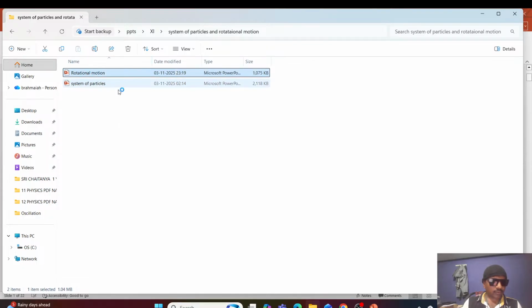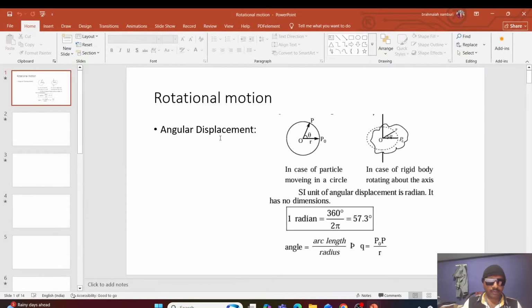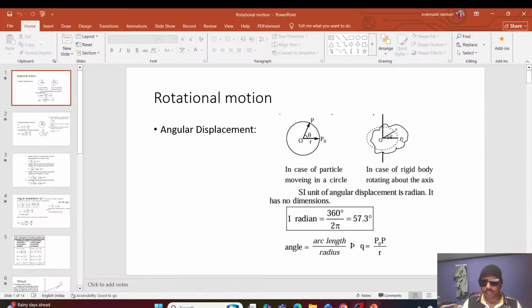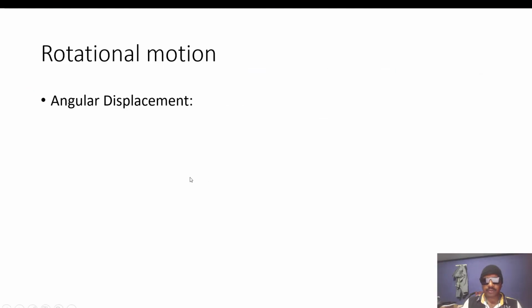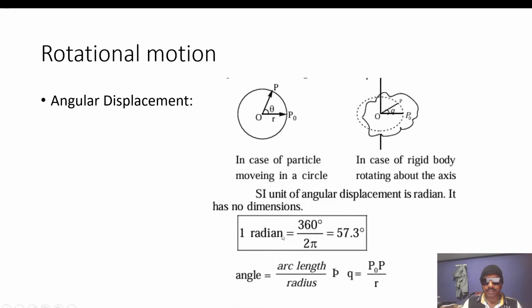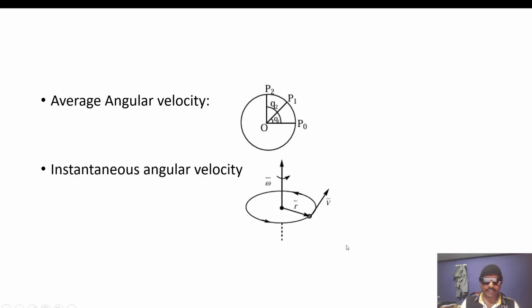Next, rotational motion. Angular displacement: this is an important conversion, 1 radian equals 360 by 2 pi, that equals 57.3 degrees. Angle equals arc length by radius.